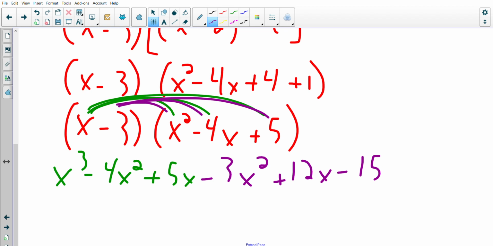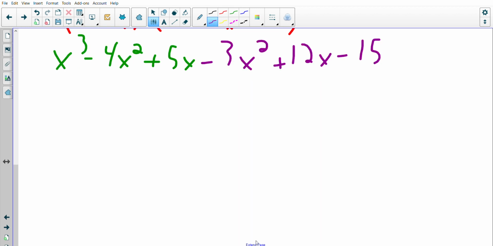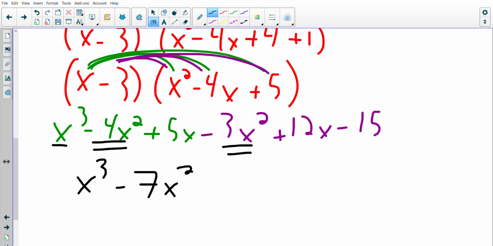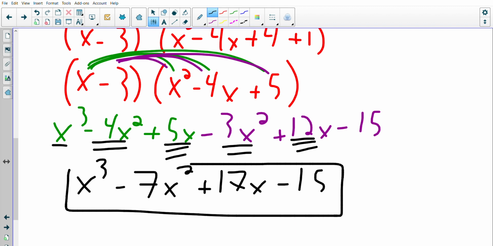And now I just simplify. So x cubed, and then the squareds, we get minus 7x squared. We get the x's, so we get plus 17x, and then the last one, minus 15. And that is our polynomial of least degree that has integral coefficients. I know it's a little cumbersome, but it takes some practice.